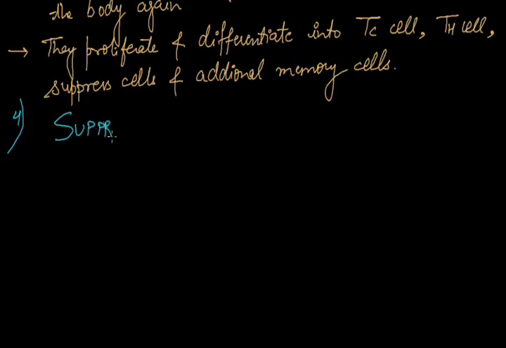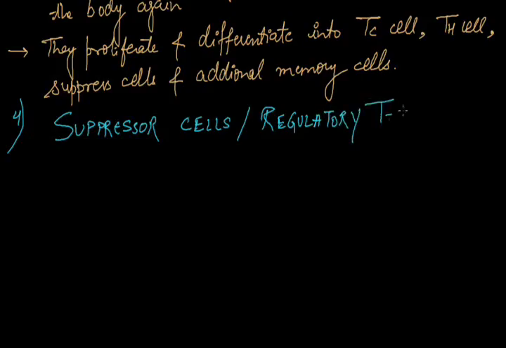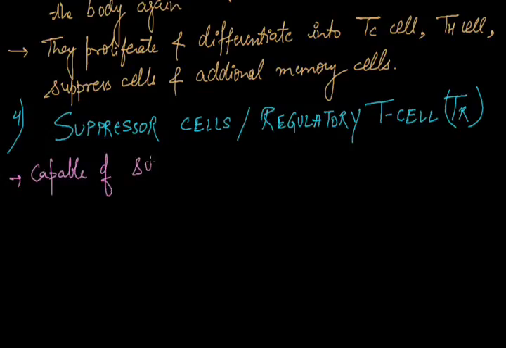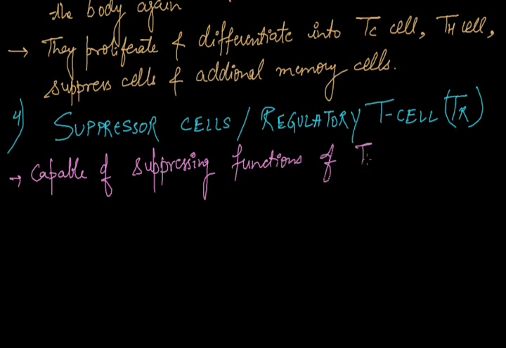The last class of T cell is suppressor cell, also called regulatory T cell. Suppressor T cells are capable of suppressing the function of TC cell and TH cells.